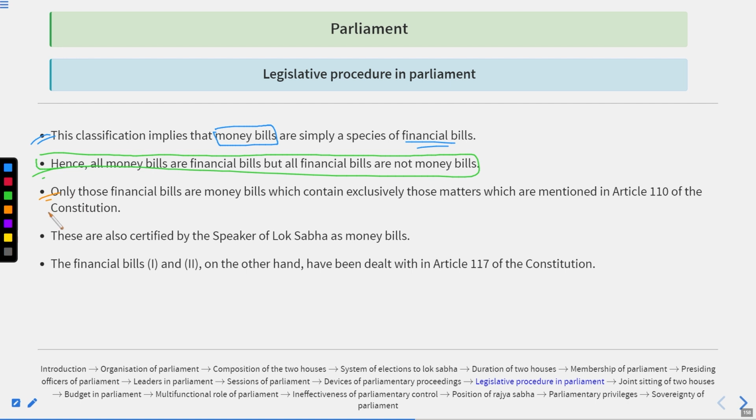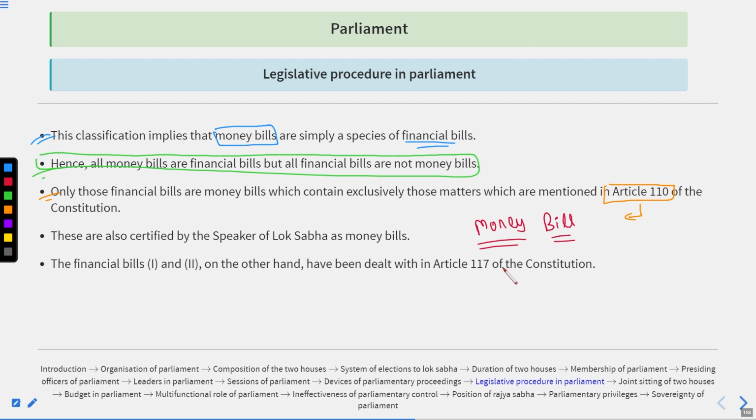So only those financial bills are money bills which contain exclusively those matters mentioned under Article 110, because Article 110 stands for the money bill.